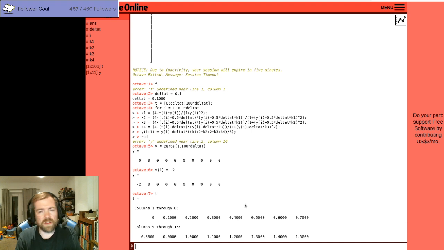I just threw in two different values here because I was looking at y being made of zeros from index 1 through index 100 delta t, whereas the t vector was from 0 up to the number 100 delta t, which is 10, incremented by 0.1, our delta t.